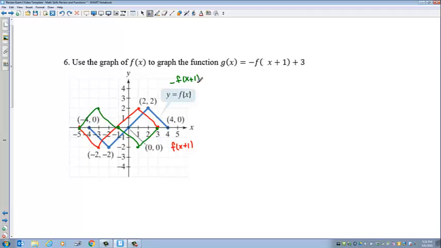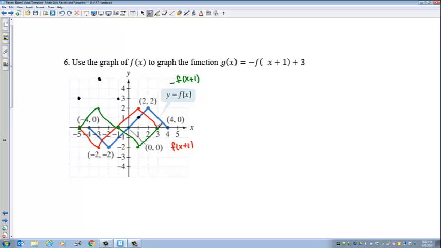And then finally, we're going to add 3. And since it's on the outside, these are outputs. And so you just basically add 3 to the output. So this green dot will go up 1, 2, 3. This green dot will go up 1, 2, and 3. This green dot up 1, 2, and 3. This green dot up 1, 2, and 3.